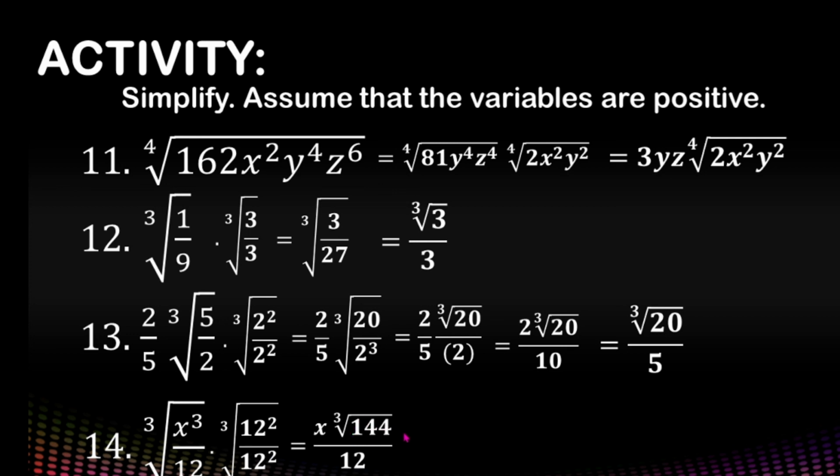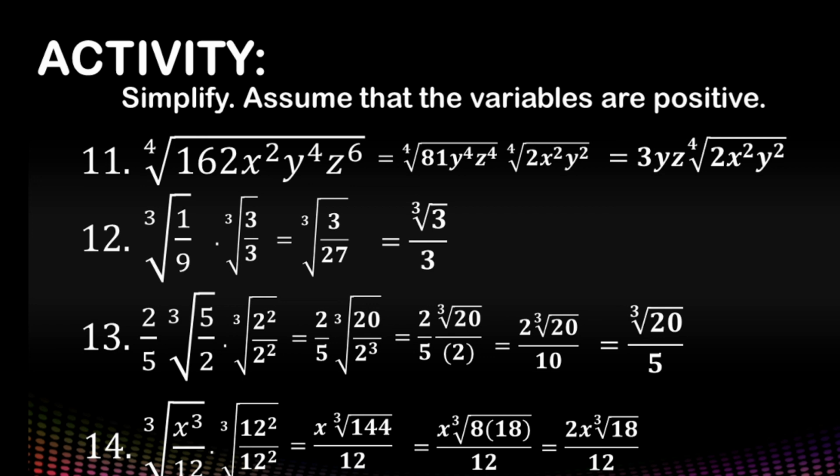144 has a perfect cube factor, so therefore we can still simplify our numerator as x times the cube root of 8 times 18, since 8 is a perfect cube which is a factor of 144. So therefore, we have 2x times the cube root of 18 over 12.